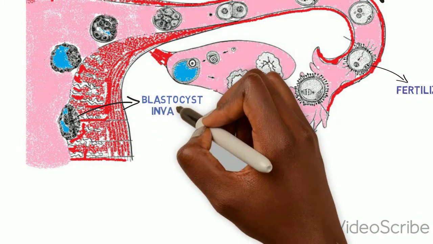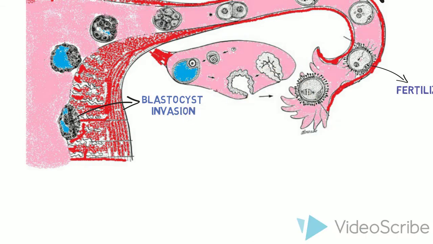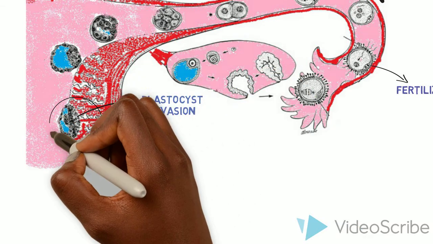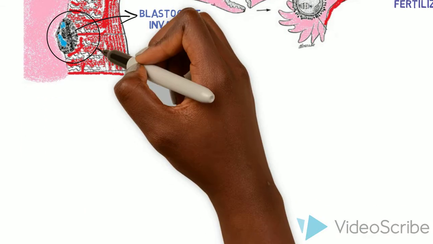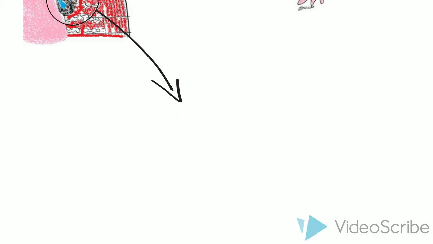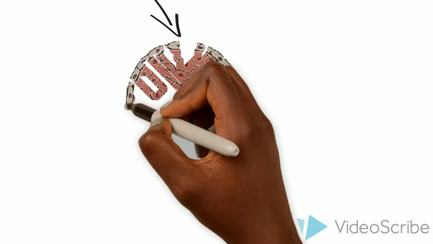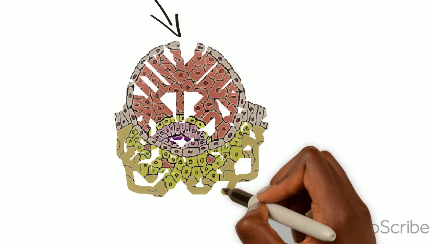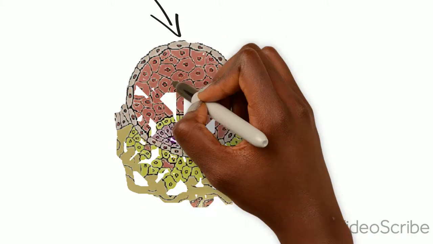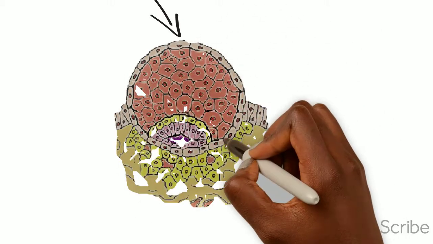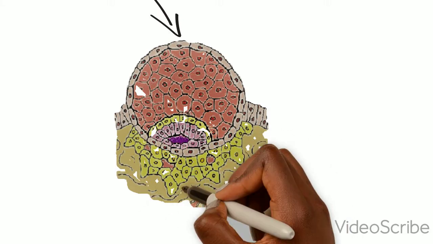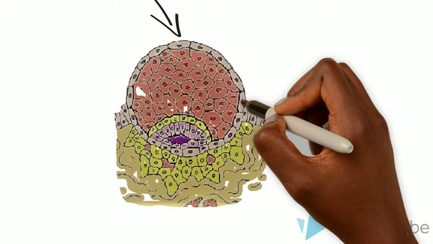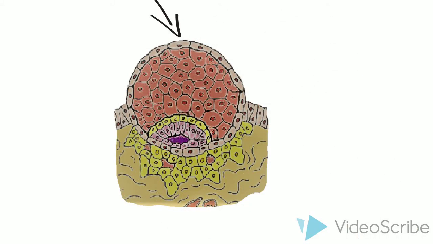This, guys, is really where all the fun happens. So let's zoom in right here and look more at some structures of the blastocyst. It's important to note that we're not going to talk about all the structures here, but we'll talk about some that I think are important for this video.